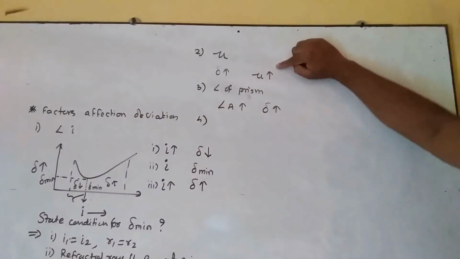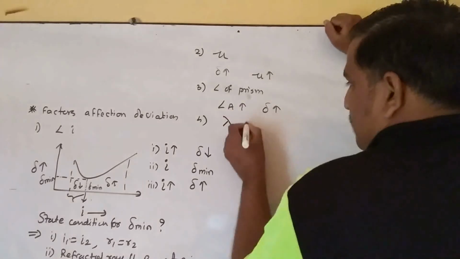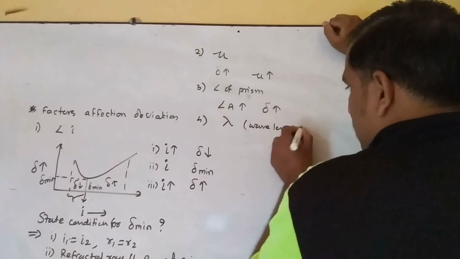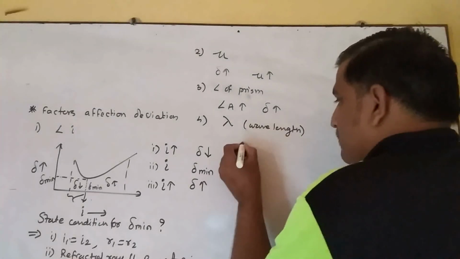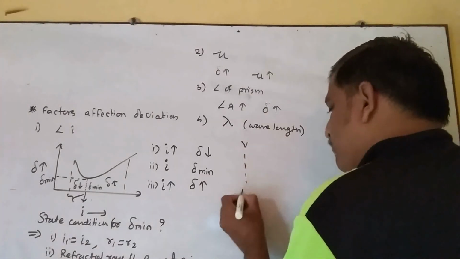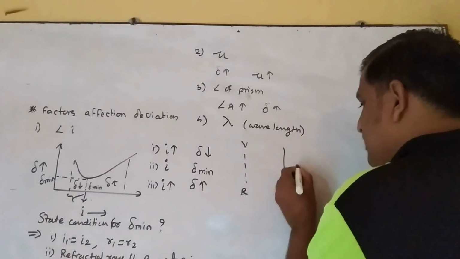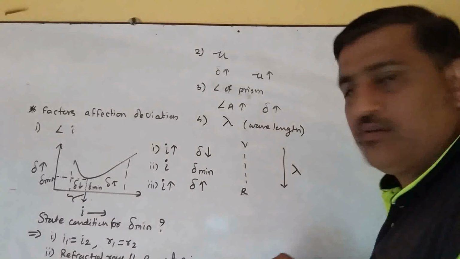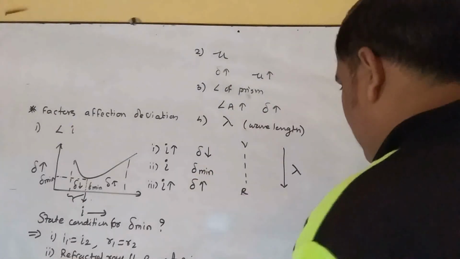Okay. Next, the fourth factor is lambda, which is nothing but the wavelength. Here we know that the wavelength from violet to red increases toward R, V to R. There is increasing wavelength toward red.